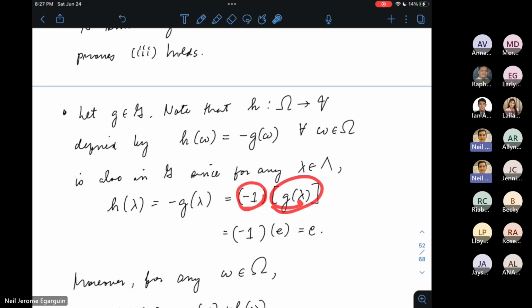By definition. And then G of lambda is the identity. Right? And then you will have negative 1 times 0 vector equal yan kay 0 vector. So ibig sabihin, yung additive inverse ng isang element little g ni curly G ay na kay curly G din.